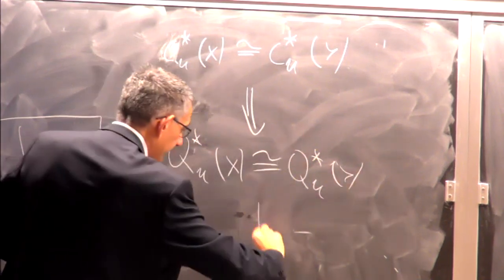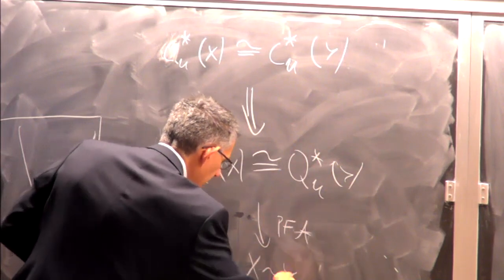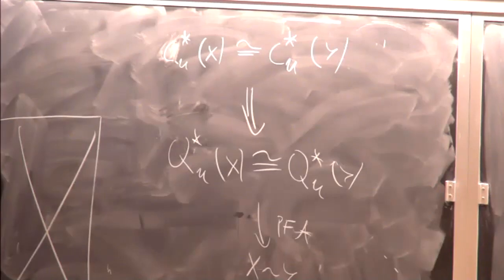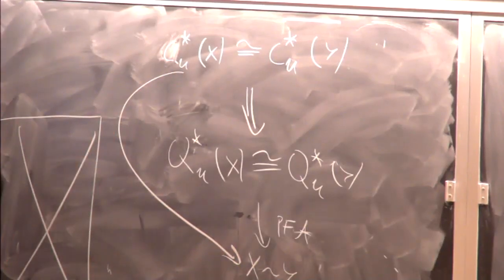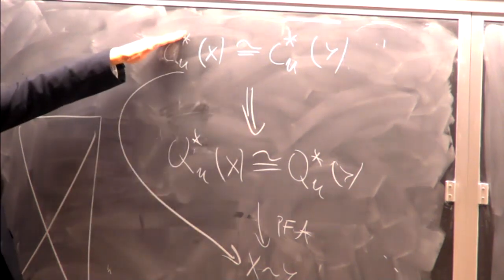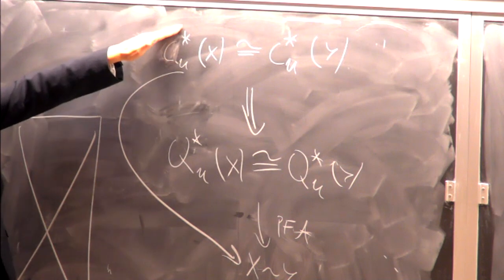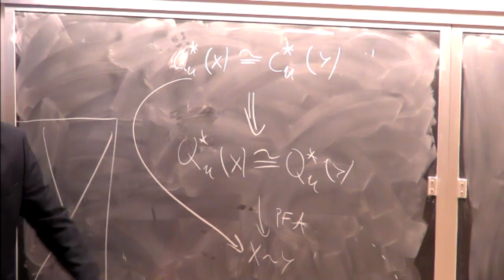And now by our result, using PFA, X and Y are coarsely equivalent, but then it means that you have the implication going this way. It turns out that these statements are so simple logically that you don't need PFA. So the simple implication is true without anything.